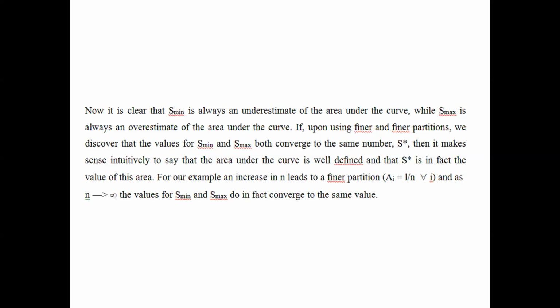In the limiting case, both S min and S max will converge to the same number S star. So when n tends to infinity, S min and S max will give you the same value. So whether you take omega L or omega H doesn't matter.